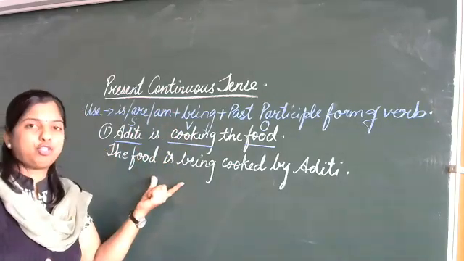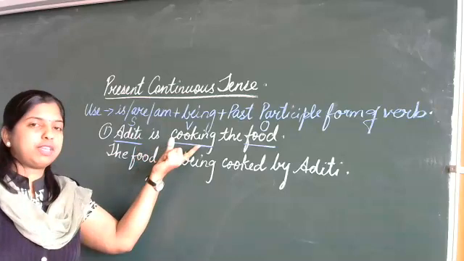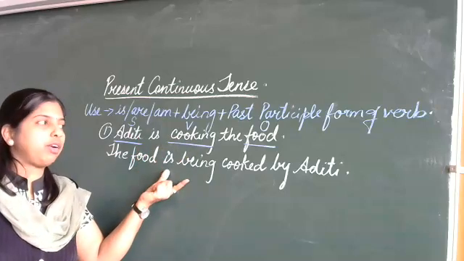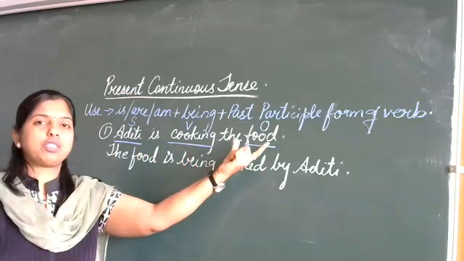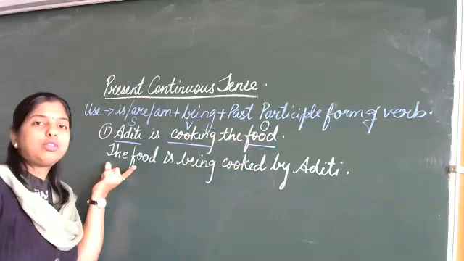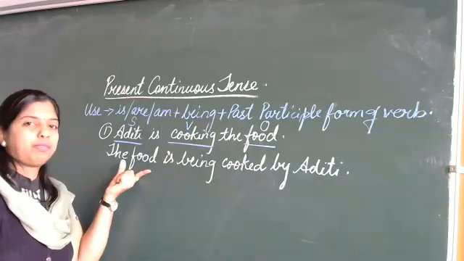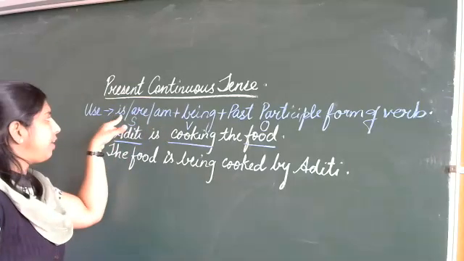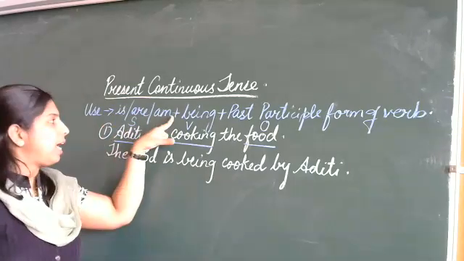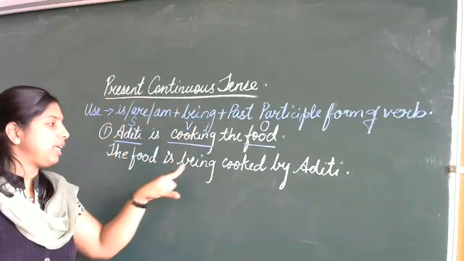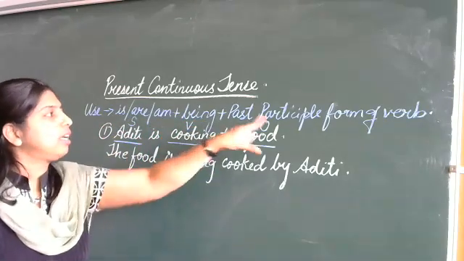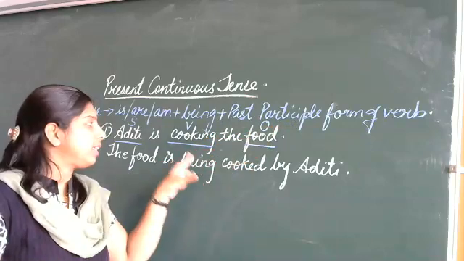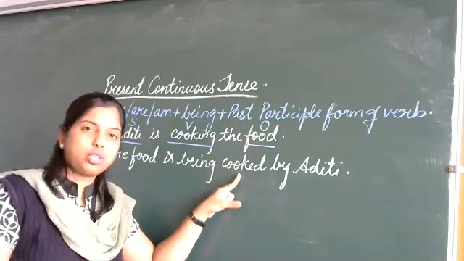The same thing we have changed. This is an active sentence. We have changed it to the passive. What did we do now? Food, which was the object, we took to the first part. The food. What is the change now? What did we use from this? We have used is plus the being form. Is being plus the past participle, that is cooking changed to cooked.